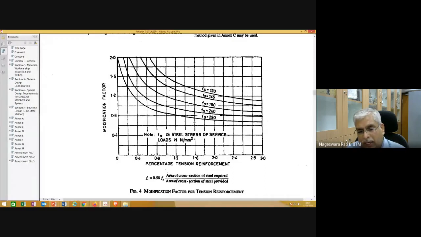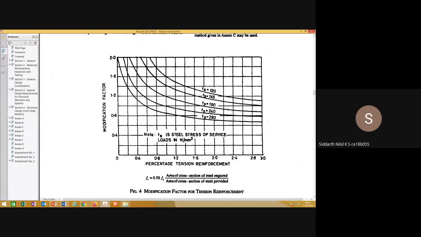So L by D subscript limit is 20 multiplied by 10 divided by 12 multiplied by 0.75. What is that value? 12.5.